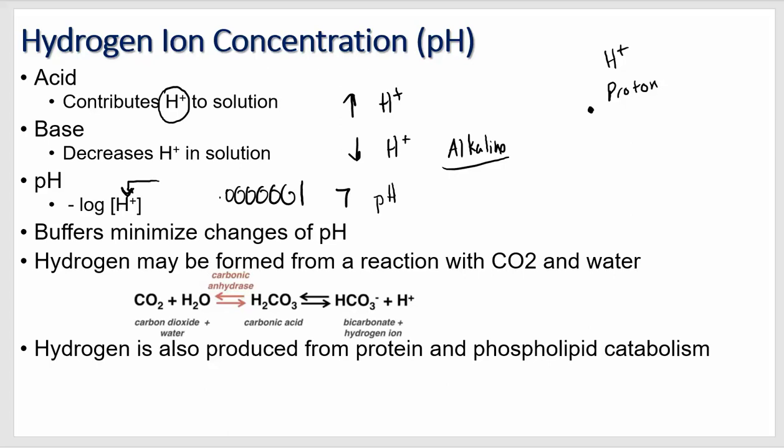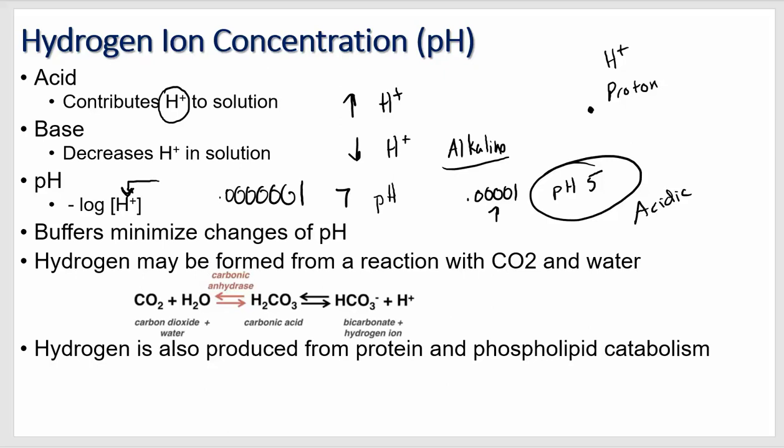It feels like it goes in the wrong direction, because a lower number means a higher concentration. So 0.00001 is actually more hydrogen than 0.000001, but then your logarithmic value may be 1, 2, 3, 4, 5. So your pH here might be 5, which means that it has more hydrogen and a lower number, which means it's more acidic. Okay, and we'll see a chart of that in a couple of slides from here.